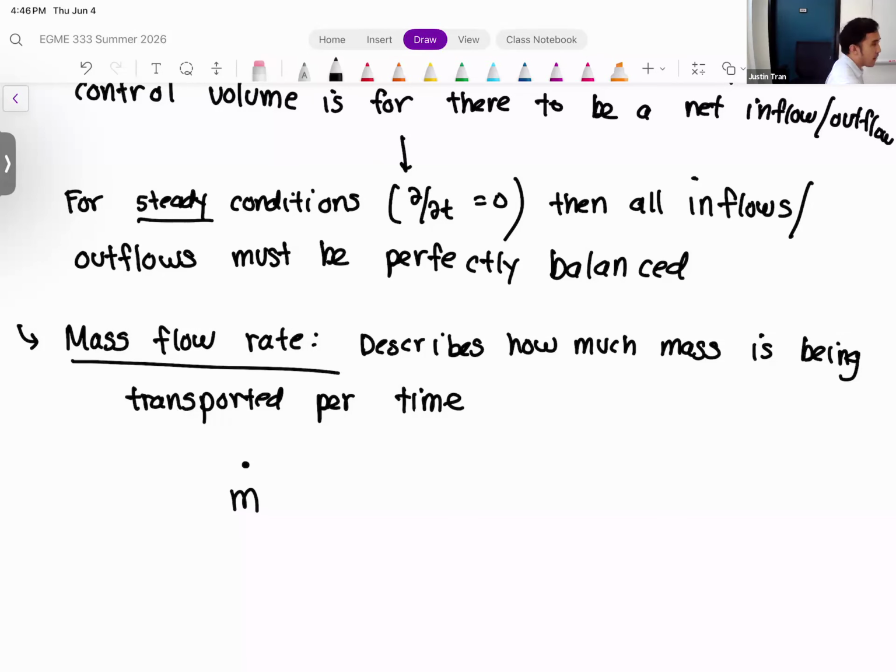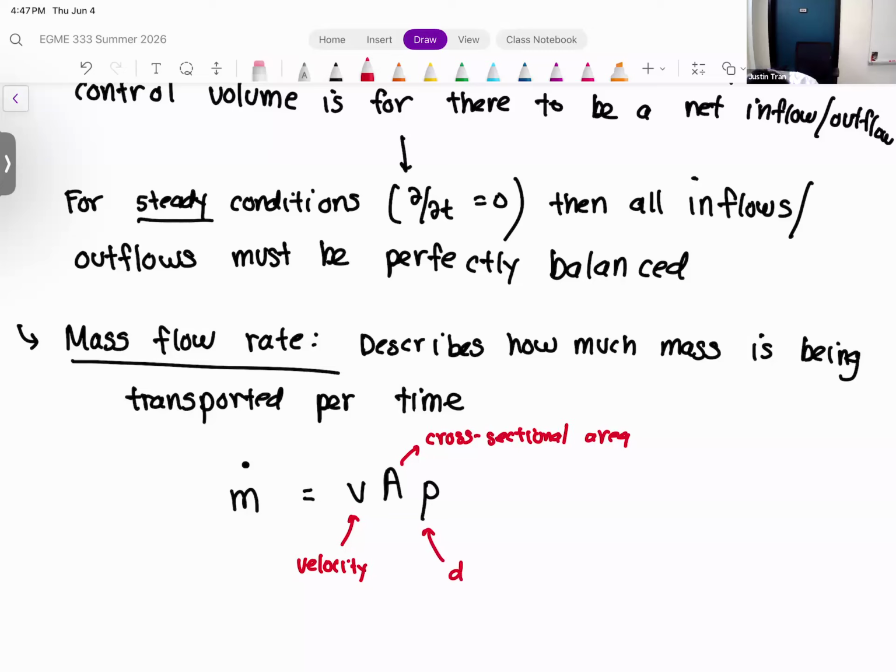M being mass, and the dot there telling you that it's a rate of change, is equal to the velocity of the flow, multiplied by the cross-sectional area, and then multiplied by the density. So it's a product of those three things.